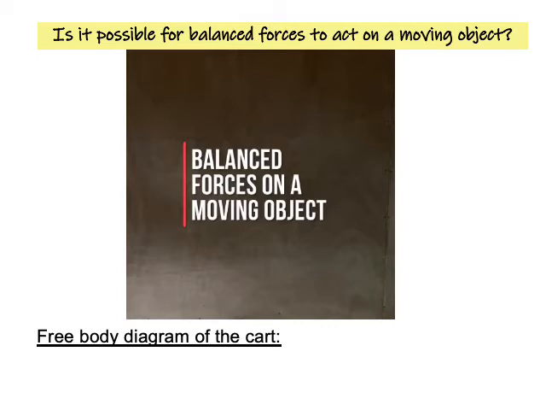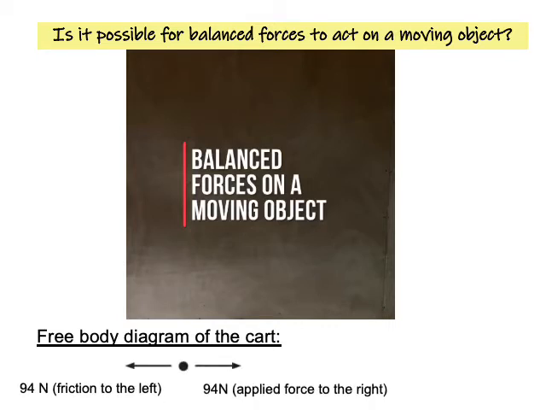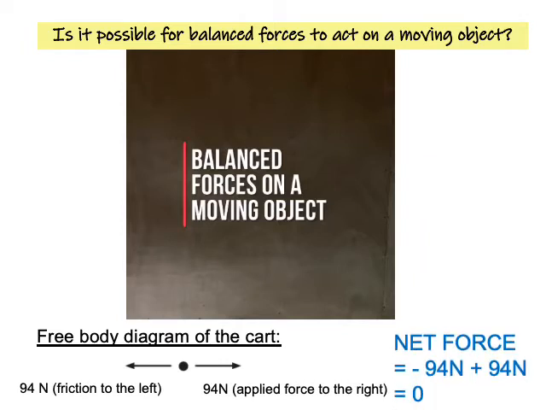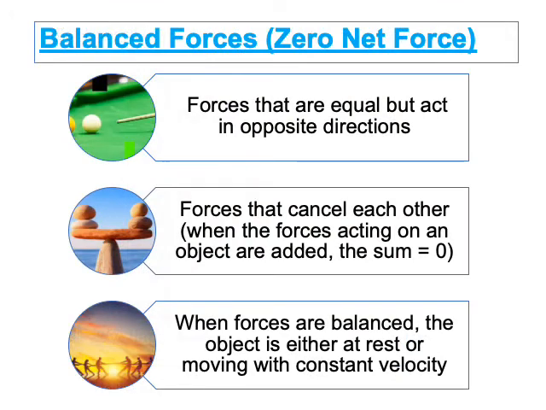Then, the applied force is gradually decreased until it is equal to the friction force. With friction force and applied force being equal, the object now has an acceleration of 0. And if you consider the free body diagram of the cart during the time that the friction force and applied force were equal, the result is a net force of 0.